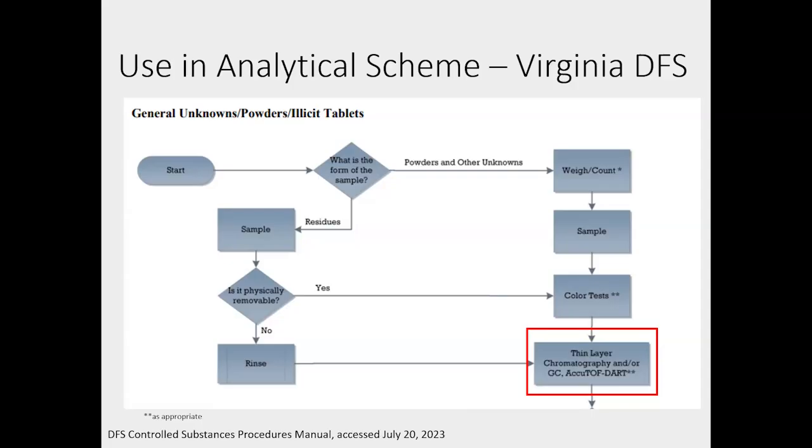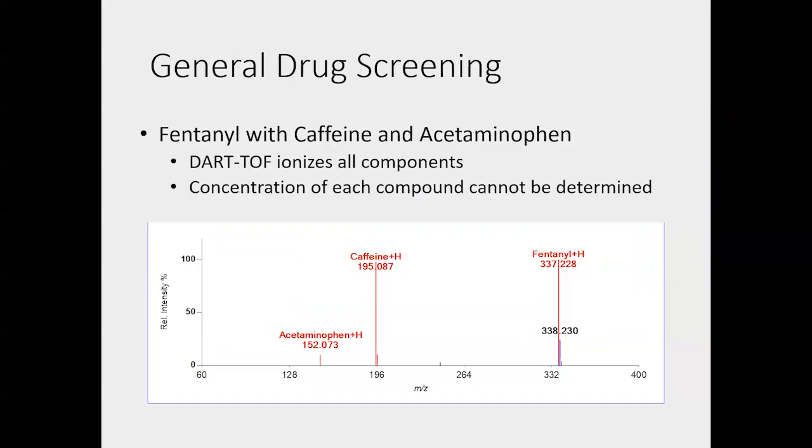So if color tests indicated something maybe more straightforward like cocaine or meth, then typically most of our analysts will still do TLC before putting it on the mass spec. But if there's something more complicated or maybe inconclusive color tests or some heroin fentanyl mixture that, again, we just want something a little more selective than TLC, then we will typically use the DART for our next screening test.